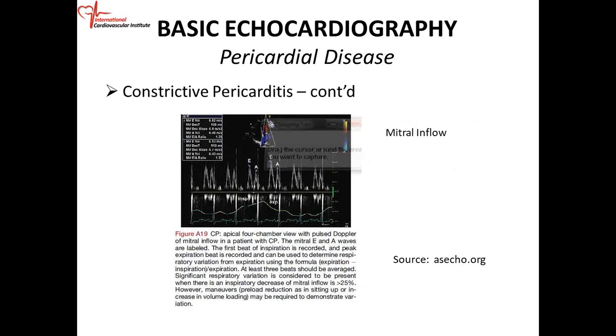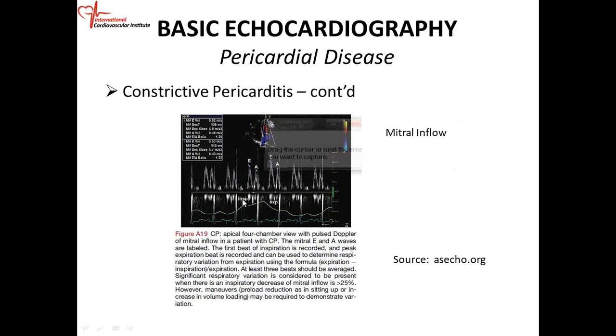All right. So, again, if you look at this, this is looking at the mitral inflow, and you're just looking at decrease in your E velocity by more than 25% with inspiration. Okay, so that's what this is showing. So this is the respirometer.